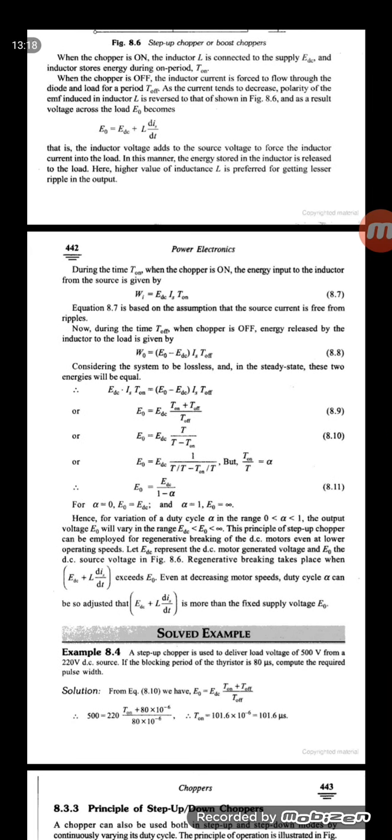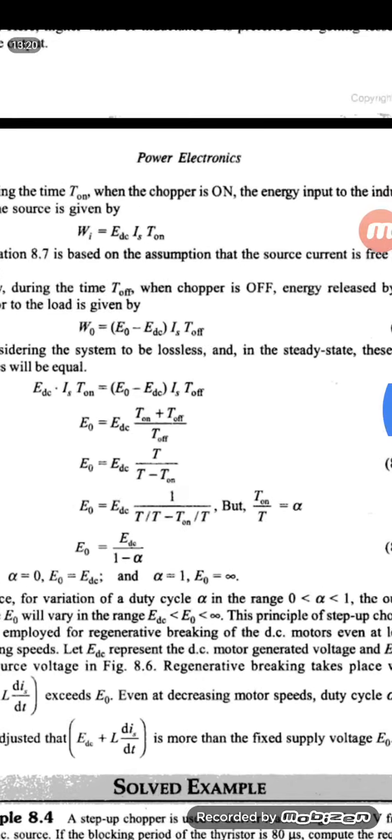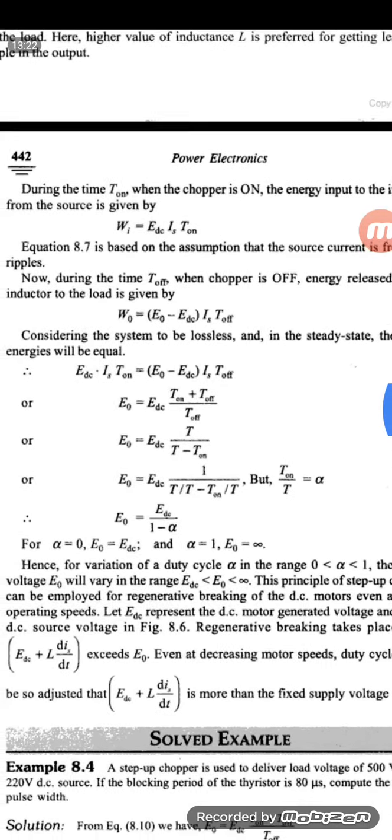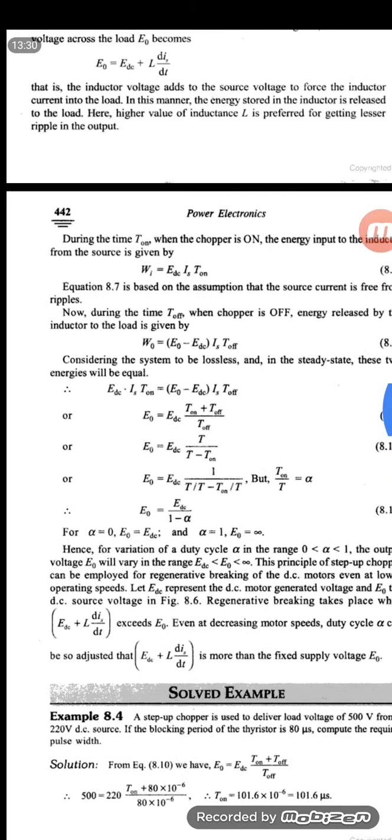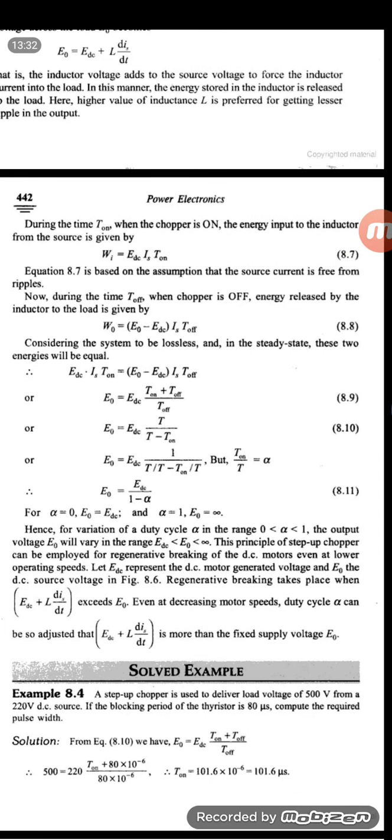So here we can derive the equation for output voltage. Energy when the switch is on is equal to EDC IS T on, whereas when the switch is off, it is the difference of output voltage and input voltage. In steady state, the two energies are equal.